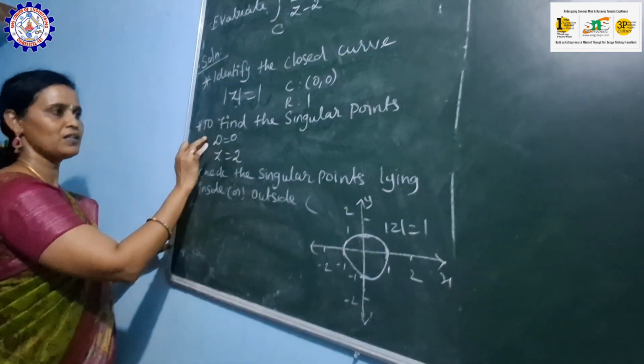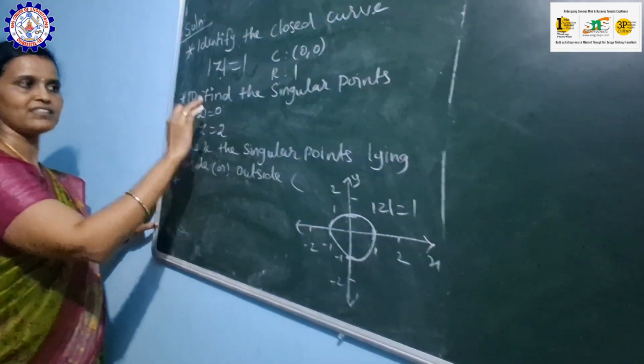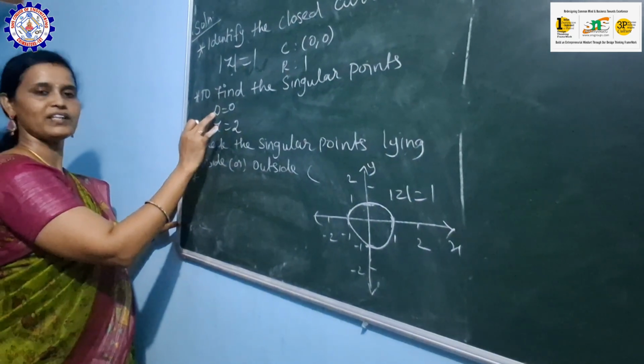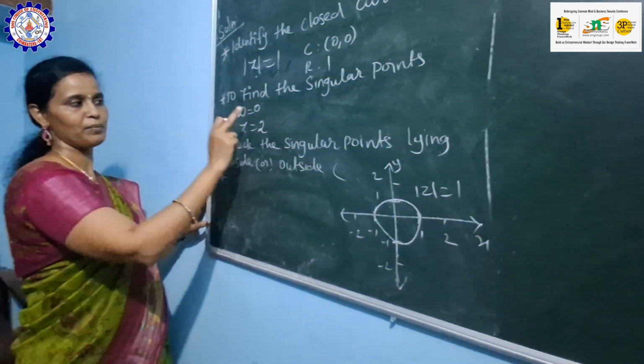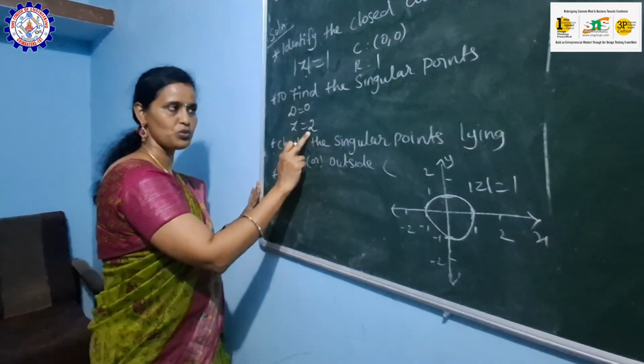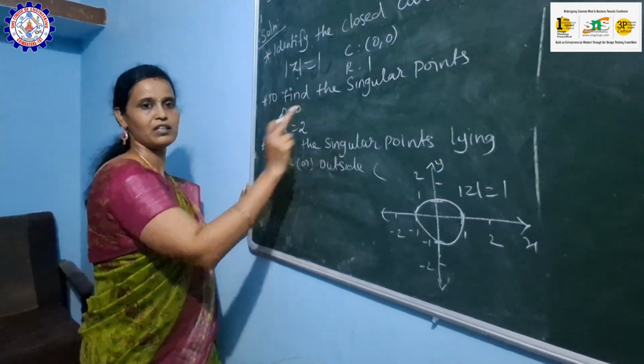Second step, find the singular points. To find the singular points, just equate the denominator to 0. The denominator is z minus 2, so z equal to 2 is our singular point.